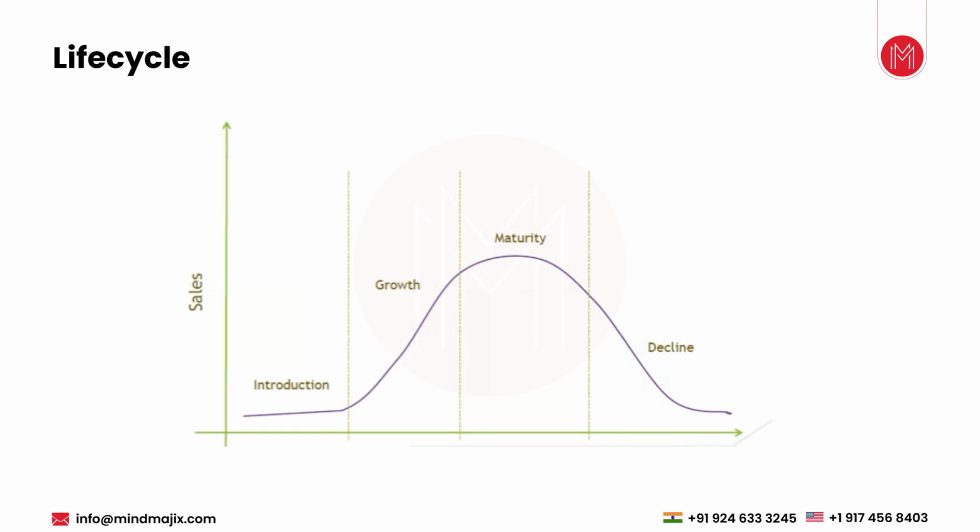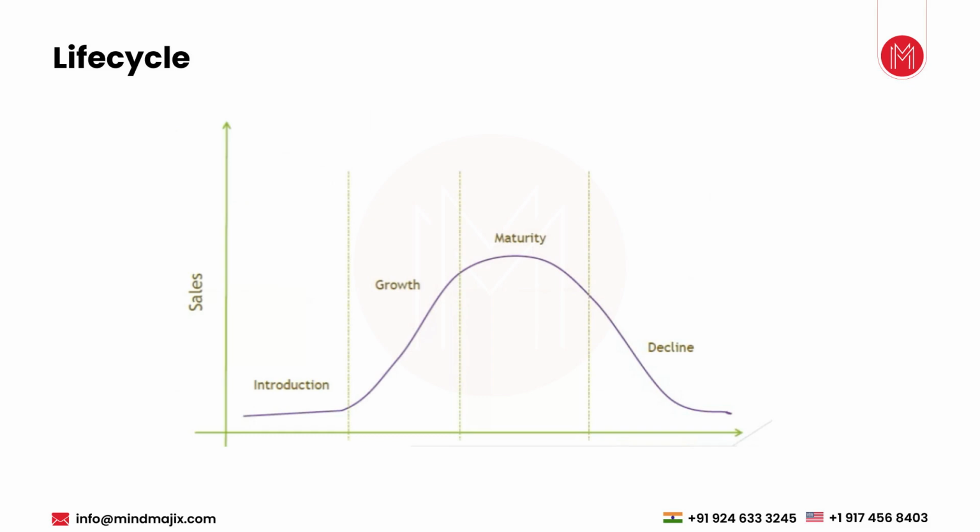So in the maturity phase, what exactly happens? Sales decline a little bit or may remain stagnant, and there is not much research and development. We are also expecting some up-revision or a new product launch instead of the current one.